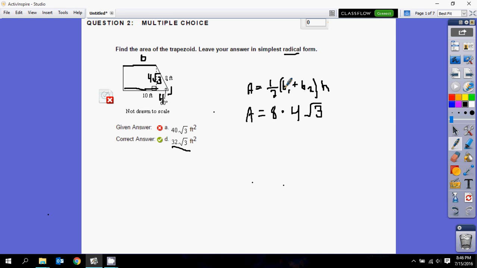So now I've got 1/2 times, now I've got 10 plus 6, which is 16. Half of that is 8, times the height, which we said was 4 root 3. So remember, you multiply the outsides together, insides separately. So I got 8 times 4 is 32. Root 3 can't multiply by anything, so it just stays there.